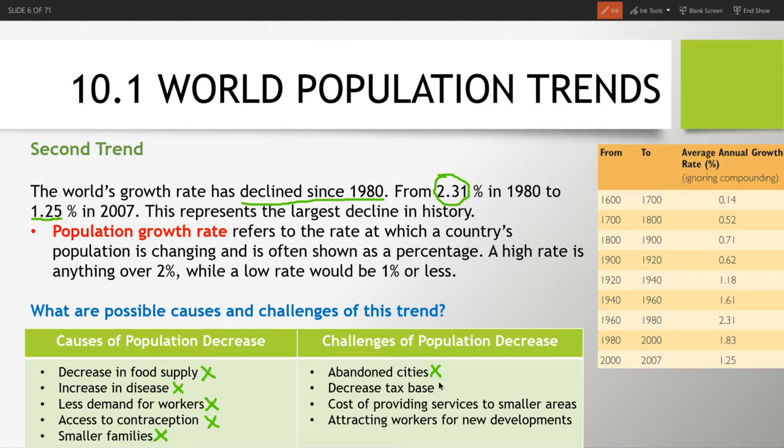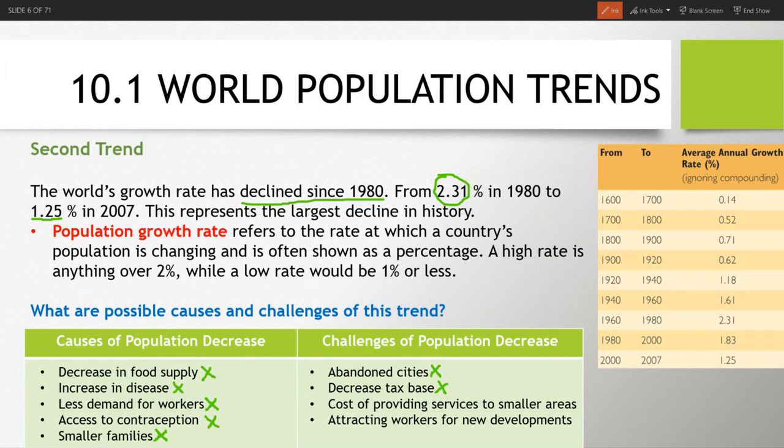Decrease in tax base, right? So governments are able to do what they do in large part because of tax money that they take in to provide for services, whether it's repairing or fixing roads, water supplies, healthcare services, any of those sorts of things.